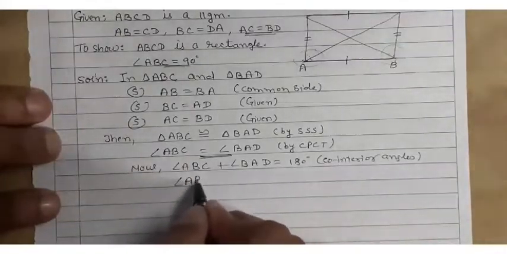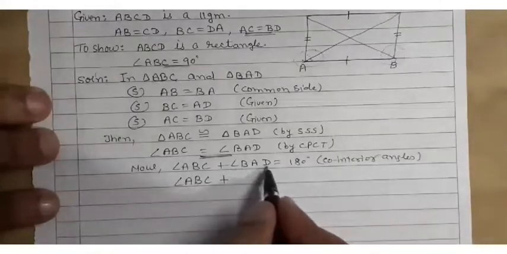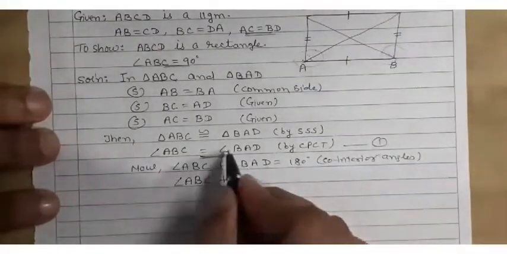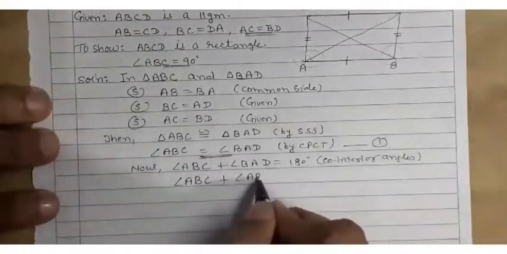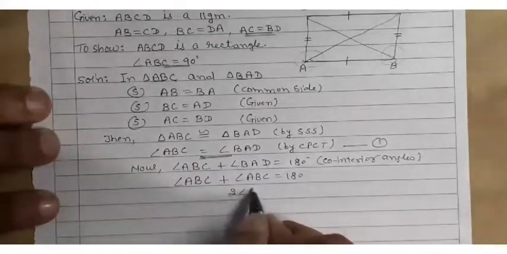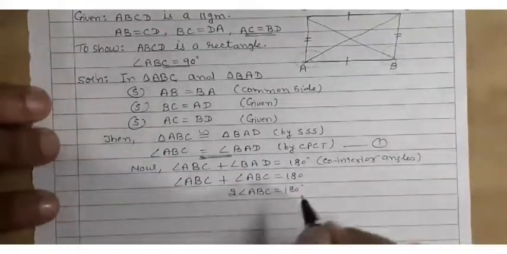So ABC as it is, and in place of BAD, what can I write? ABC. Twice angle ABC is equal to 180 degrees.